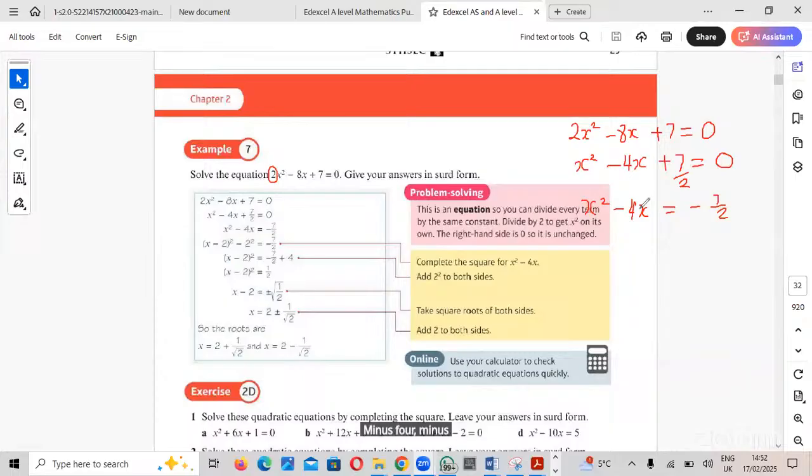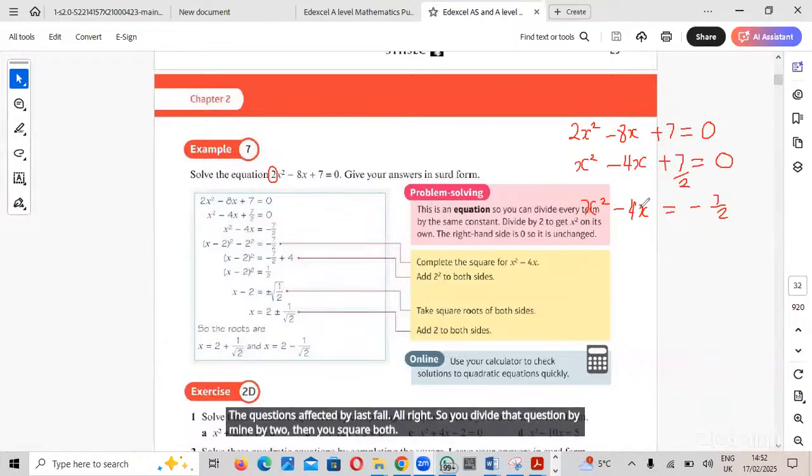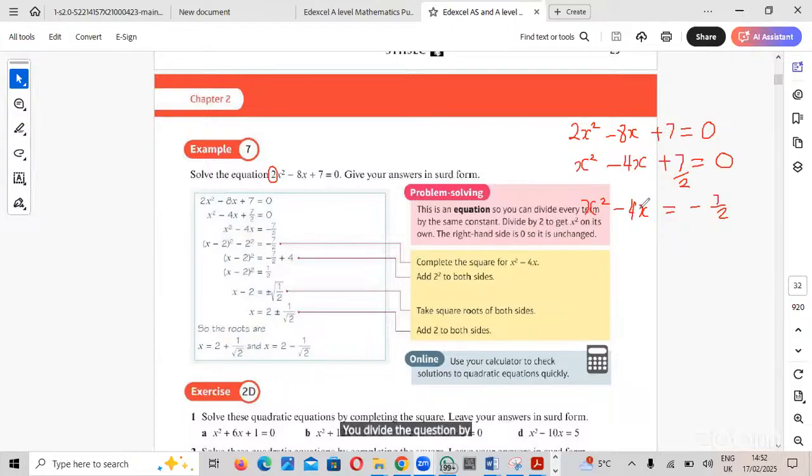Minus 4. People can say it's 4, but it's not 4. The coefficient of x is minus 4. So you divide that coefficient by 2, you square it, then you add it to both sides.